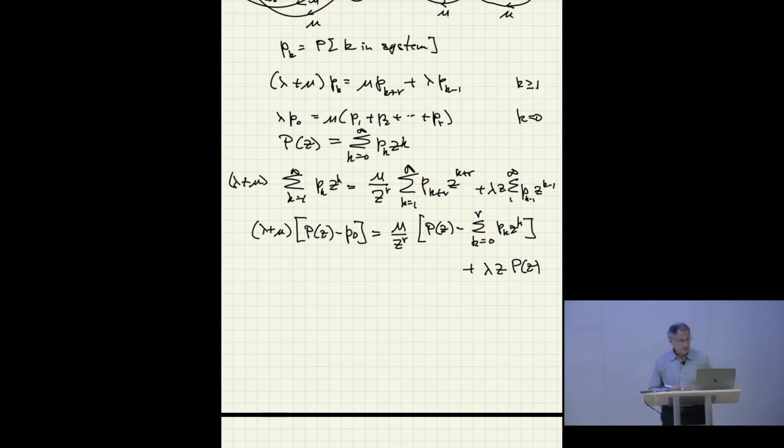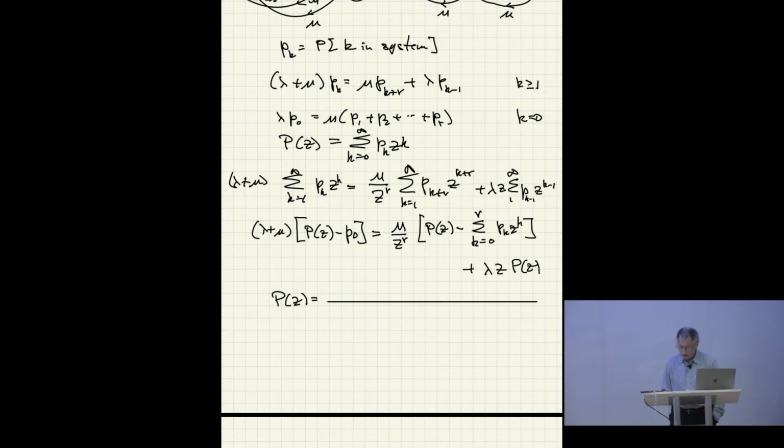Okay, let's continue. So let's simply factor out P of z in this equation and get the following expression. So what's upstairs? Well, we get this lambda plus mu times P0.